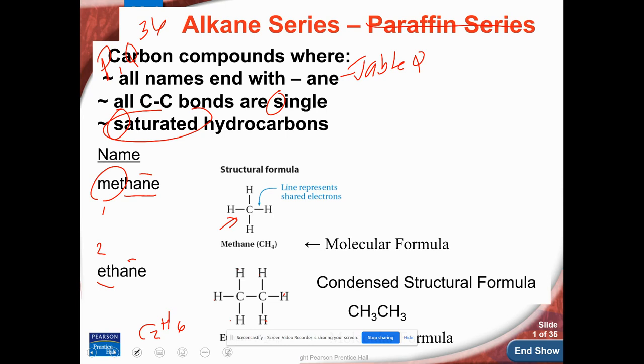So this is a structural formula, with all of those lines. The molecular formula is what we type on a typewriter. The condensed structural formula allows us to show structure while still being able to type on a keyboard, just squashed together. So CH3 goes to that, CH3 goes to that.